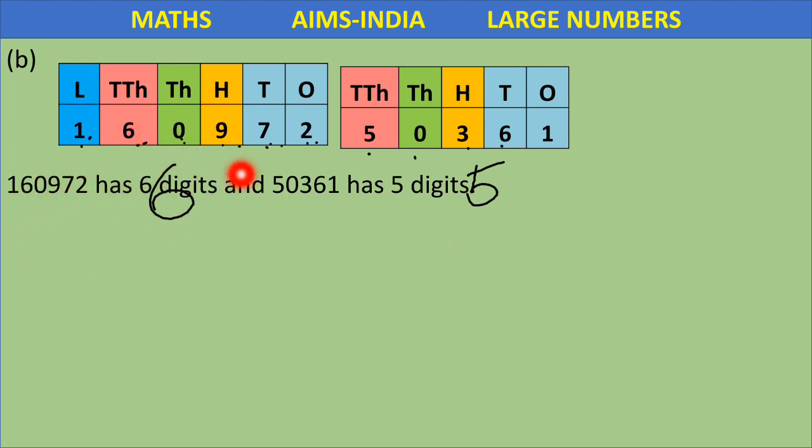See, 1,60,972 has 6 digits and 50,361 has 5 digits. So obviously this number has greater number of digits, so this number becomes the greater number.